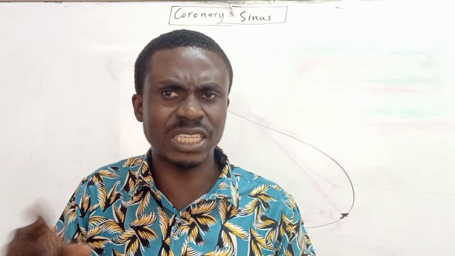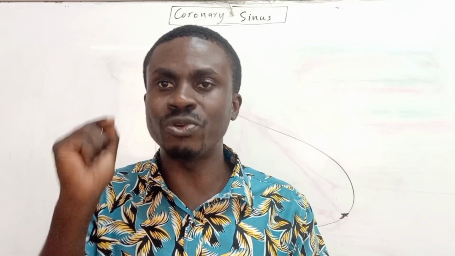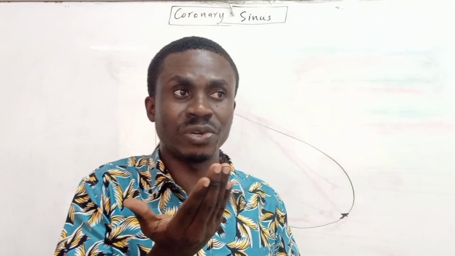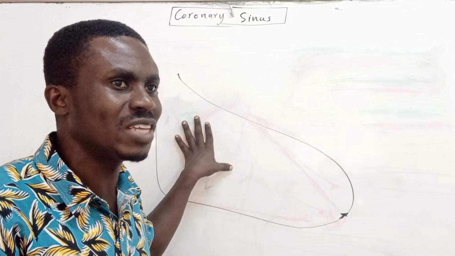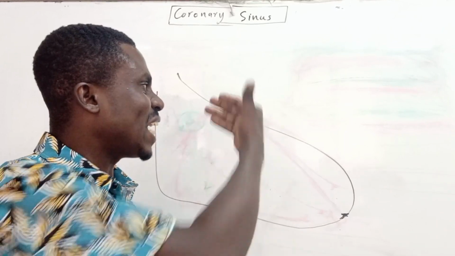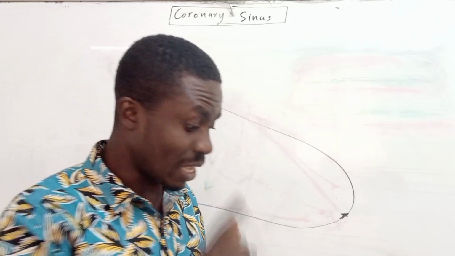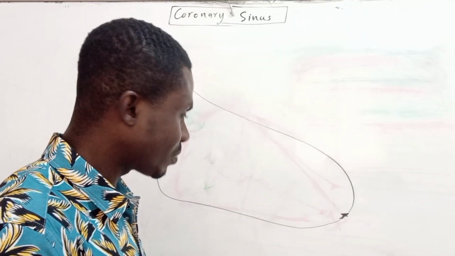The smooth posterior portion, except in some cases I will tell you about, will be where they open into the right atrium of the heart. So it means that it should be at the posterior portion. The coronary sinus will not be anterior. You will not be seeing the coronary sinus at the anterior portion. You'll be seeing it at the posterior aspect, towards the right atrium of the heart, in that atrioventricular groove.